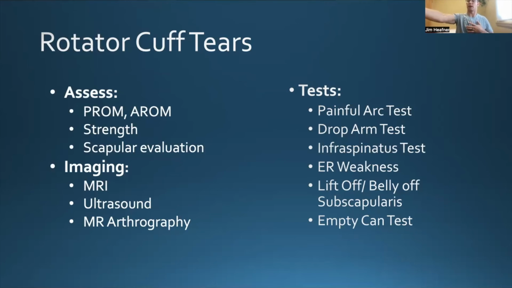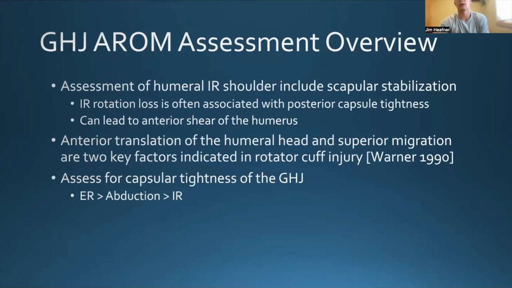If someone holds their arm there, it might not drop immediately, but you'll see them start using their trap, deltoid and levator to hold the arm up versus the ability for the rotator cuff to stabilize that position. The manual muscle testing for rotator cuff tears has significantly better diagnostic accuracy than some of the impingement tests.